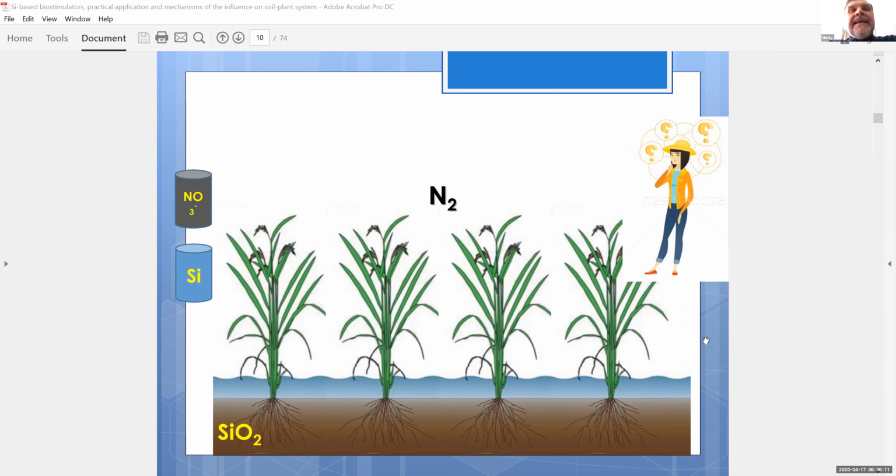And with silica, we have the same situation. In soil, we have silicon dioxide, but we apply monosilicic acids. So in this way, it is very important not only the elements, but the forms of these elements.